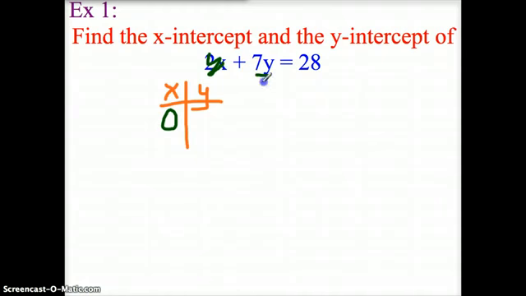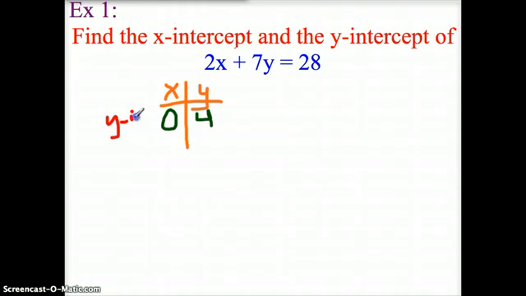Divide both sides by 7, and y equals 4. So I have one ordered pair, (0, 4). That was my y-intercept there, since x is 0.